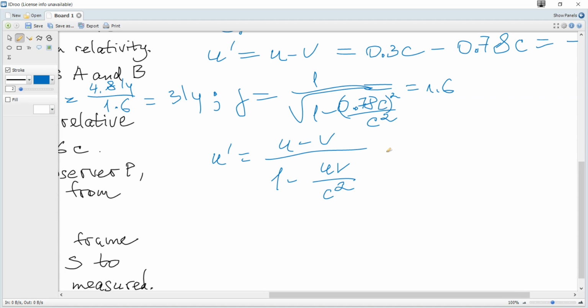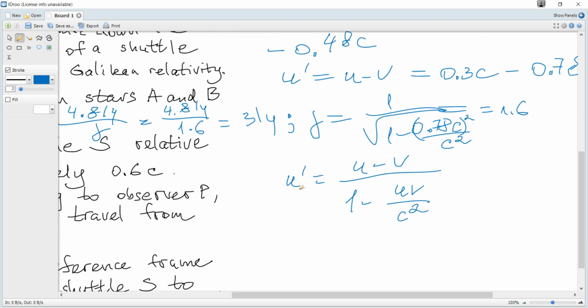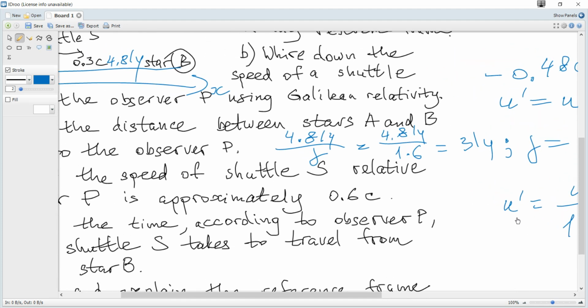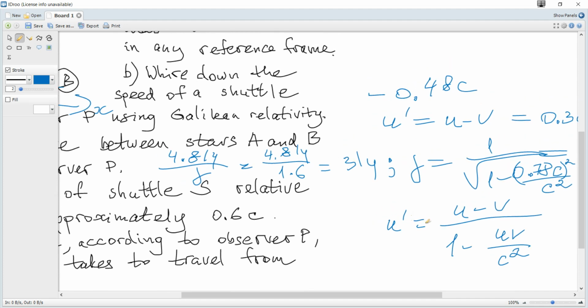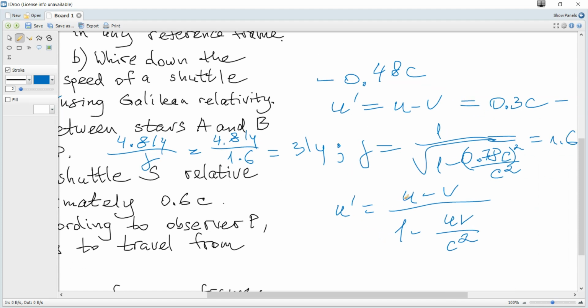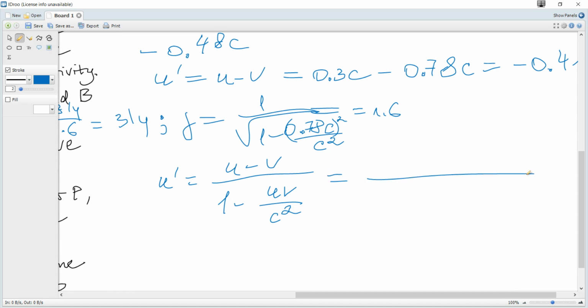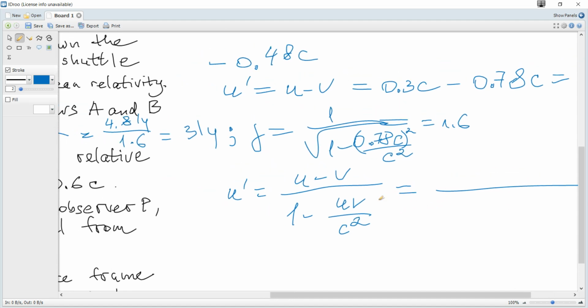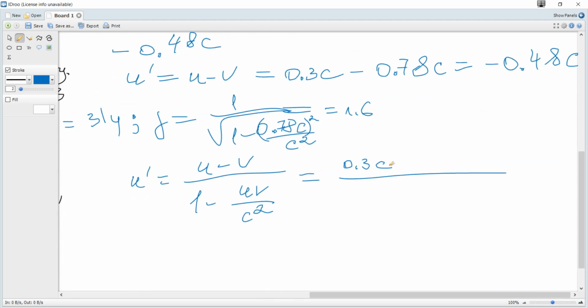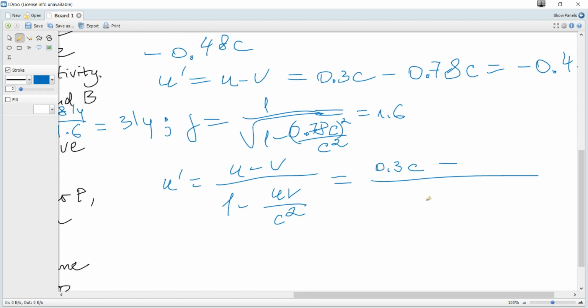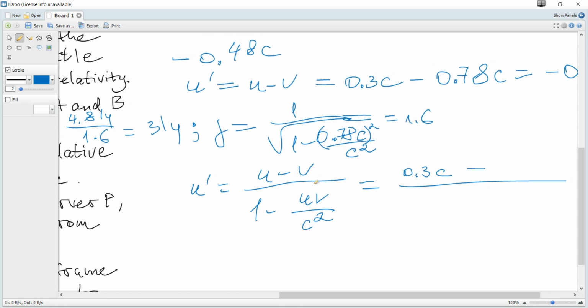This formula is given in the data booklet. It gives the relative speed of the shuttle S relative to the observer P, because P is a moving reference frame, so it's primed. u is the speed in the not moving reference frame, relative to the stars, and it's 0.3 c, and v is again the speed of the moving reference frame, or observer P, relative to the stars, and it's 0.78 c.